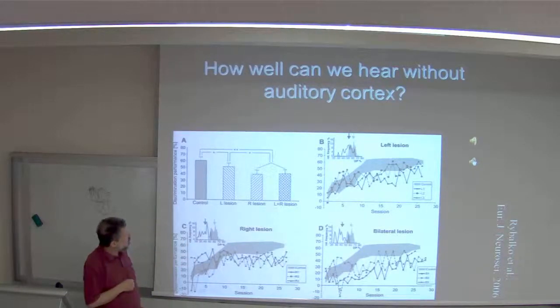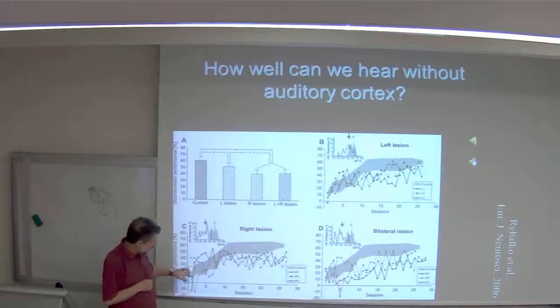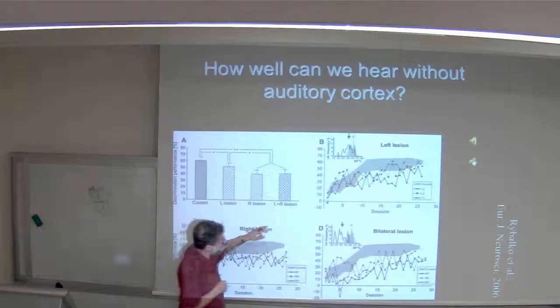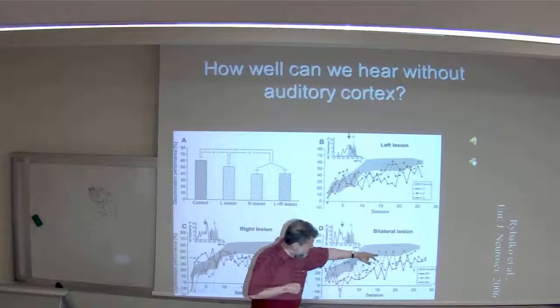The point of the experiment was that then they lesioned the auditory cortices, quite extensive lesions of auditory cortex, and these are performance of rats with right lesion, left lesion and bilateral lesions.